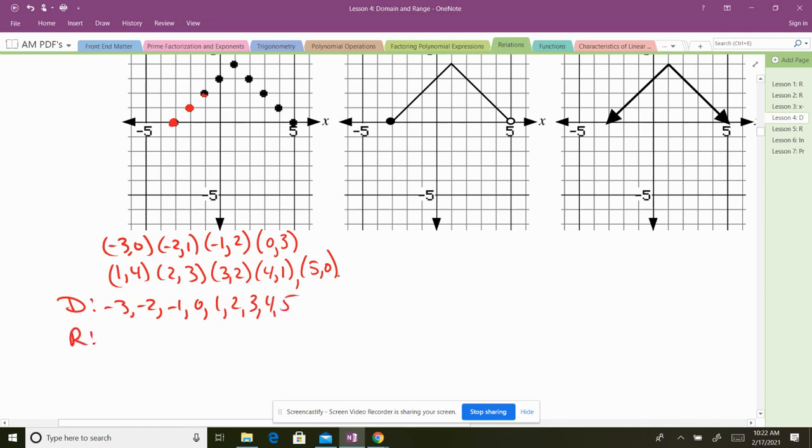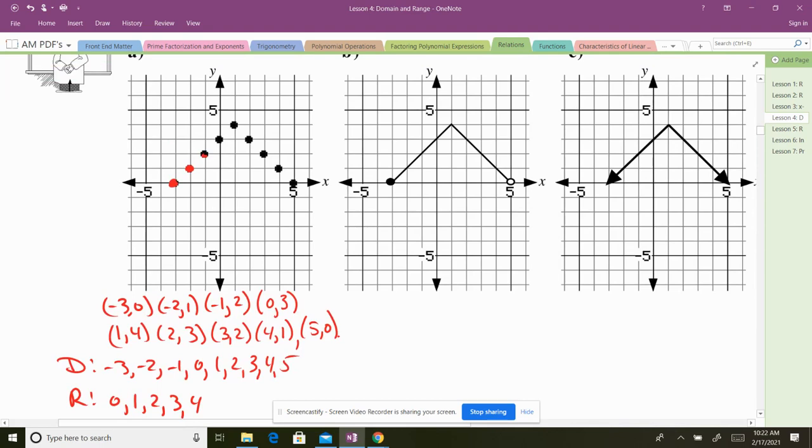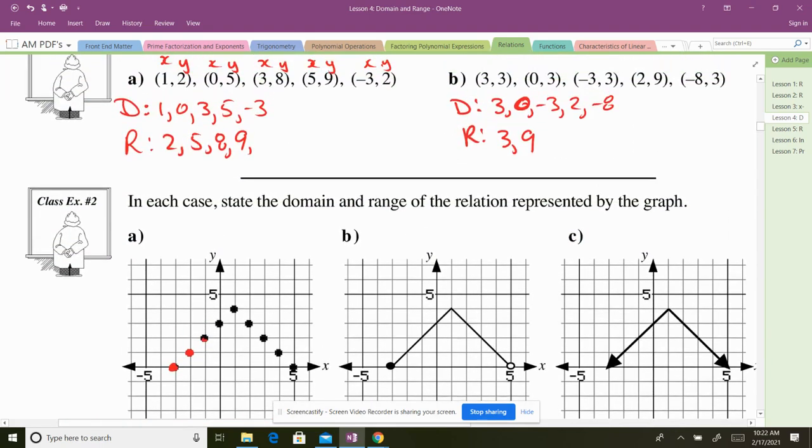If I was going to do the range, you're just going to list all the y values. 0, 1, 2, 3, 4, and then it comes back down 3, 2, 1, 0. So there's really no difference between this graph when you have just dots and these lists of ordered pairs up here. It's the exact same.